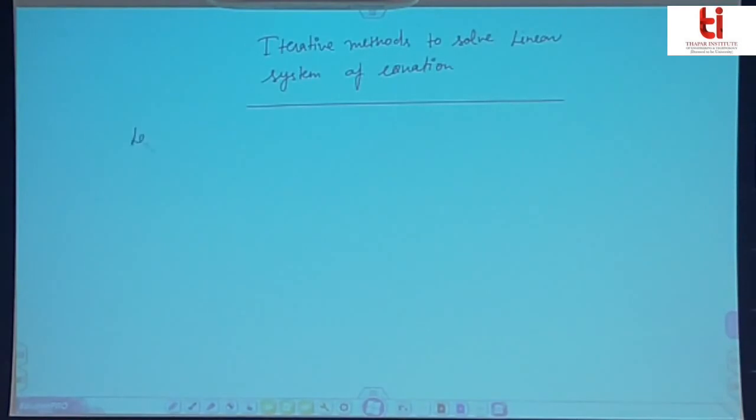Let Rn be the set of all n-dimensional column vectors with real number components.